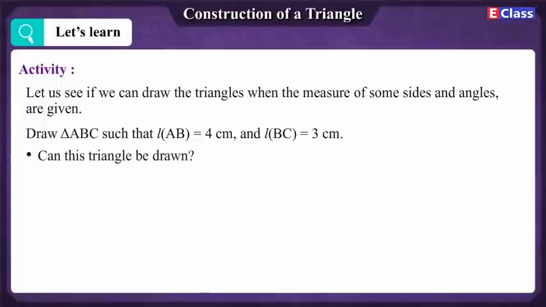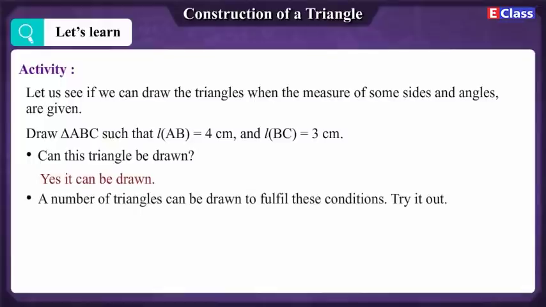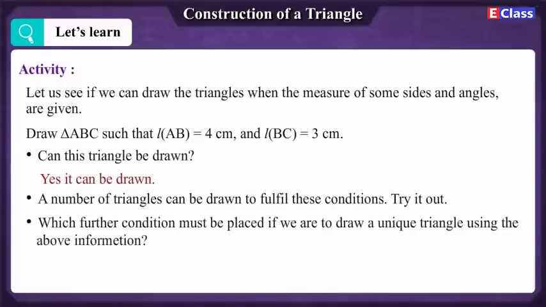Can this triangle be drawn? Yes, it can be drawn. A number of triangles can be drawn to fulfill these conditions. Try it out. Which further condition must be placed if we are to draw a unique triangle using the above information?